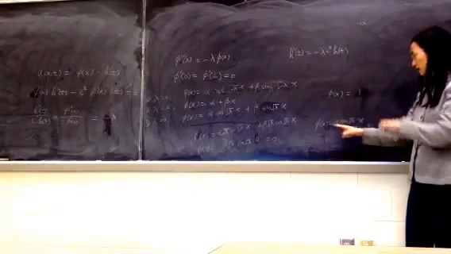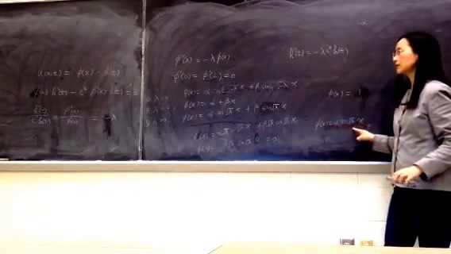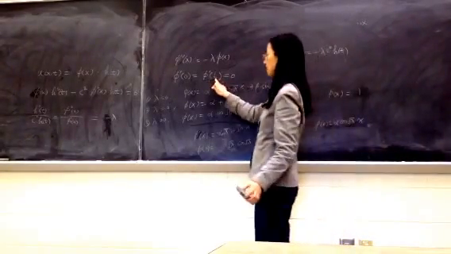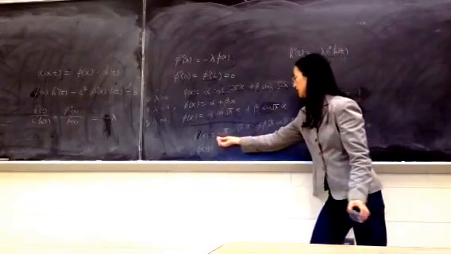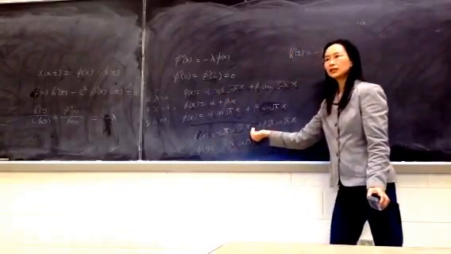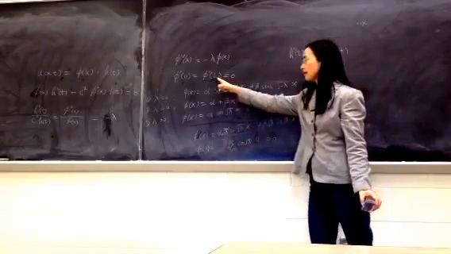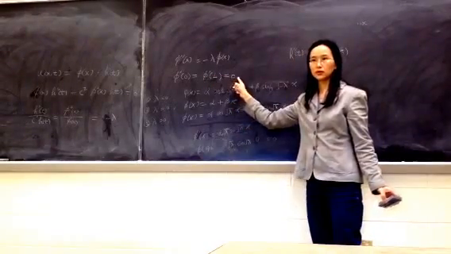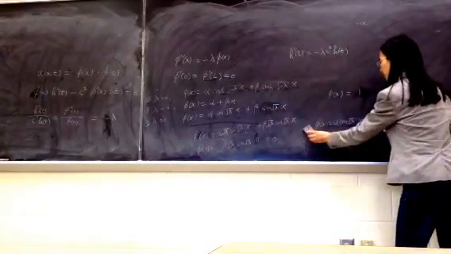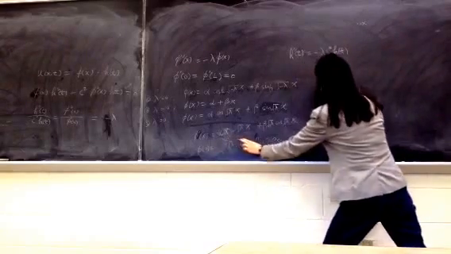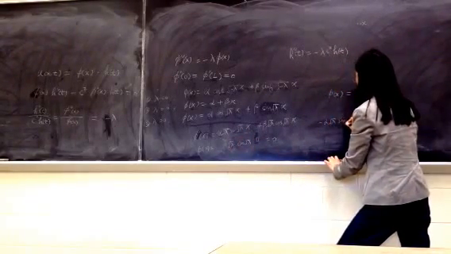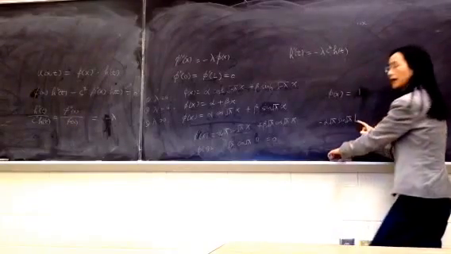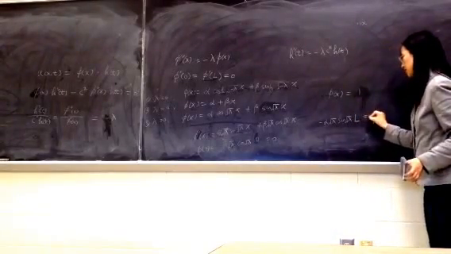For this function with one term only, we satisfy the second boundary condition. So the derivative is only this term. When x equals L, this has to be 0.